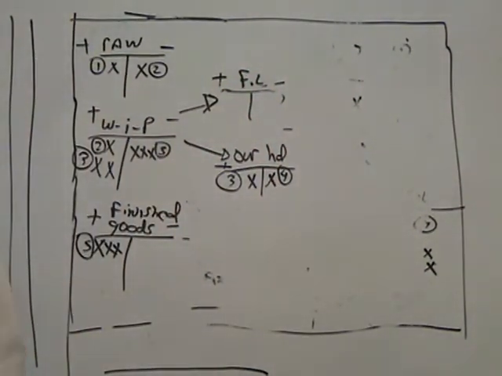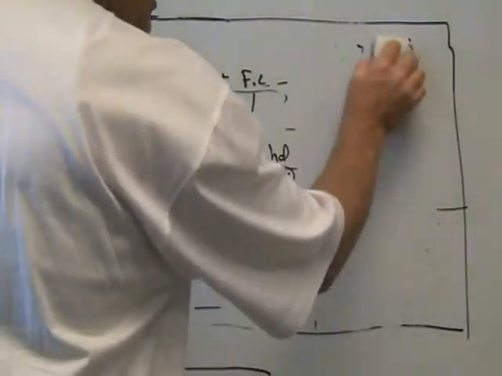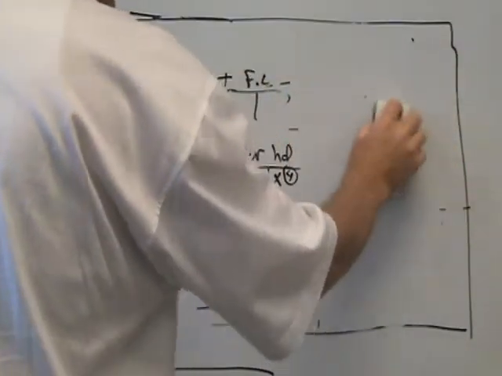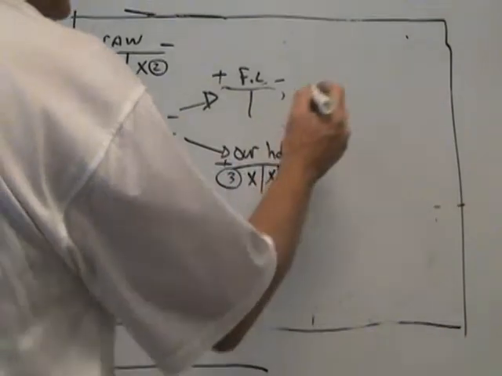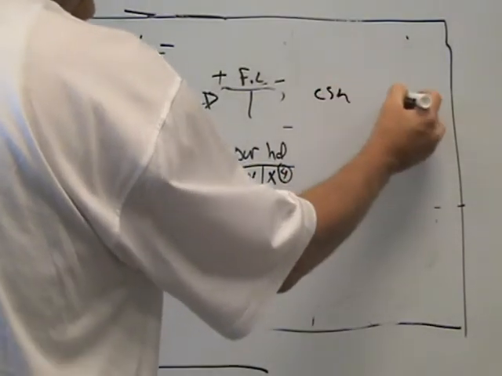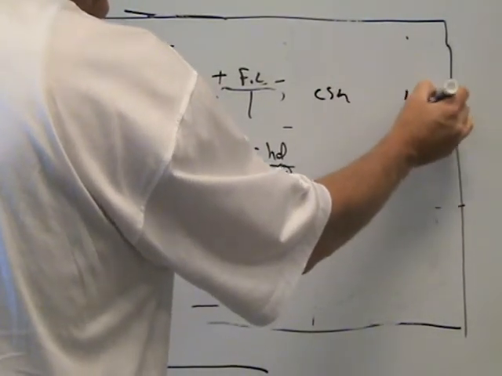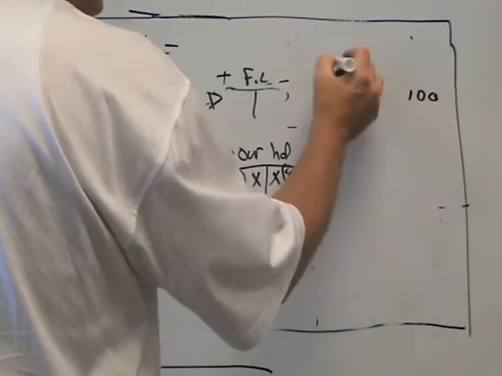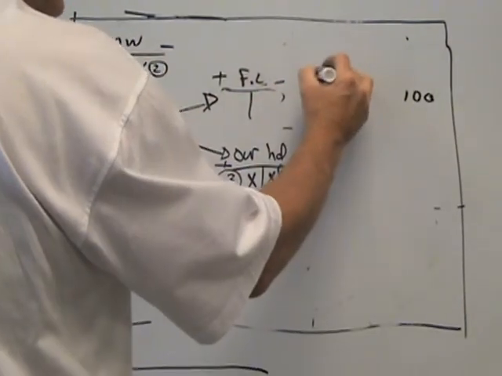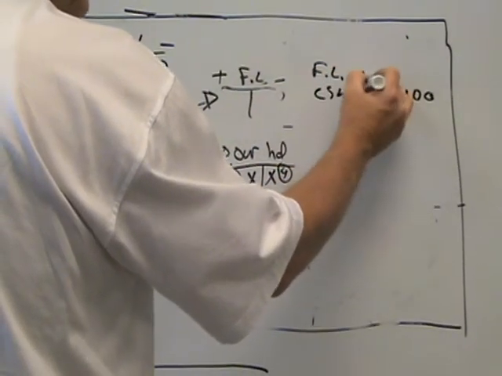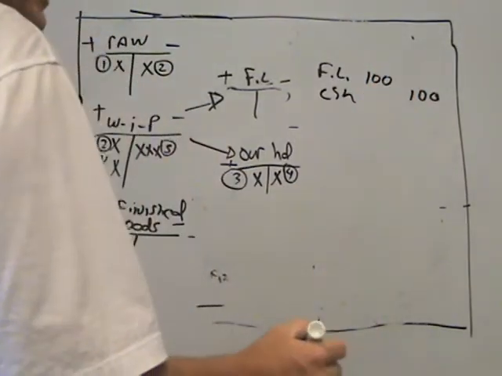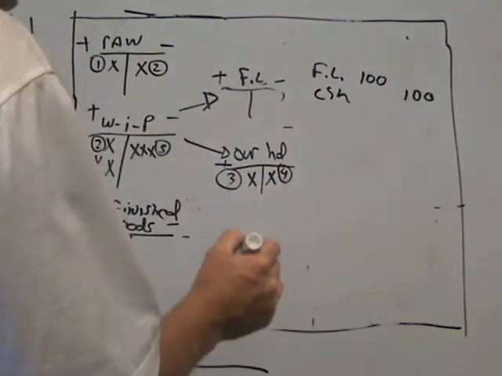So a 2-step process has to take place in that case. And so they'll say, well, we paid 100 for FL, factory labor. But 90 of it was direct, and 10 of it was indirect, meaning it's overhead.